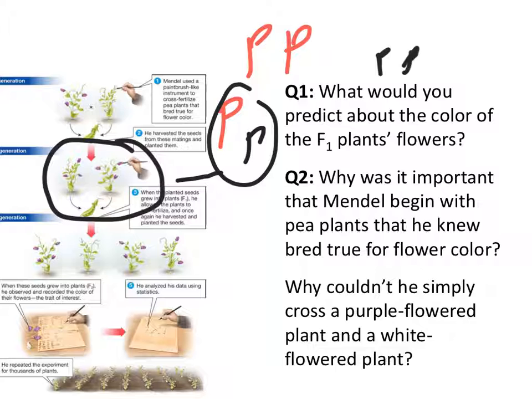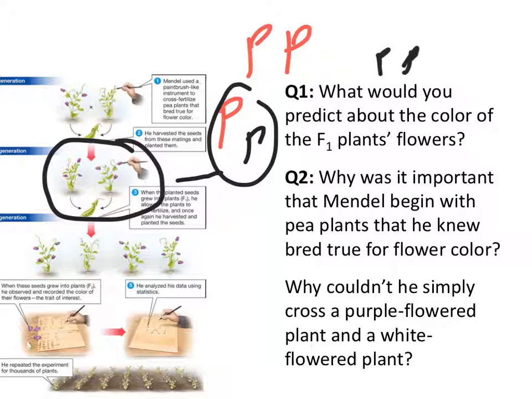And then when he bred some plants with what he knew were two heterozygous, he would always get a dominant.